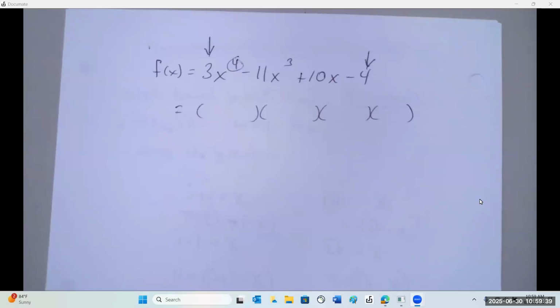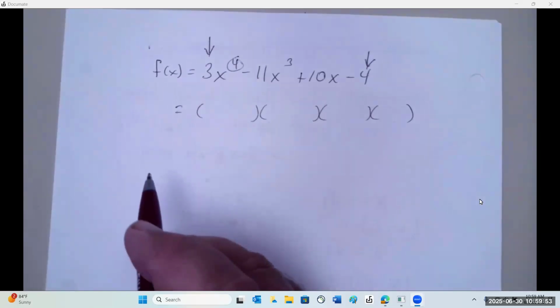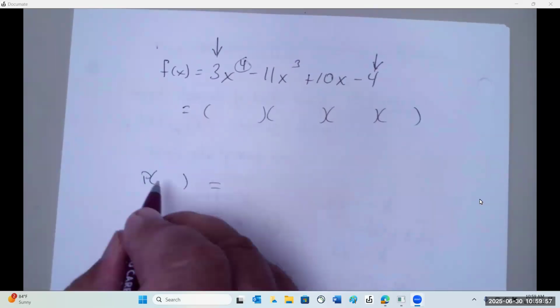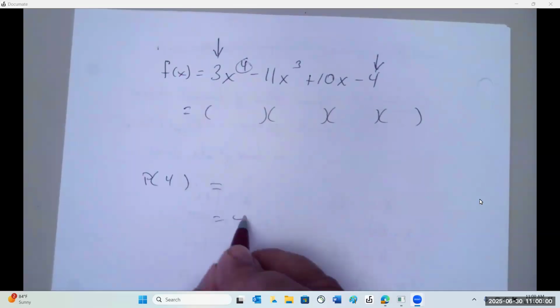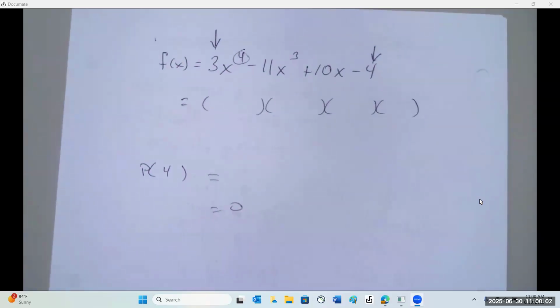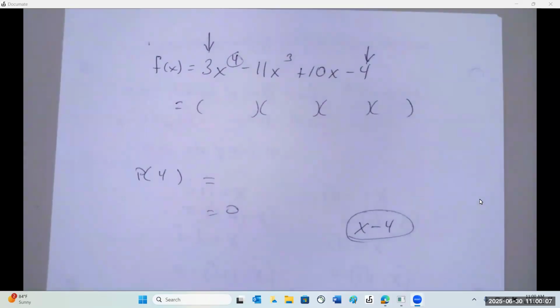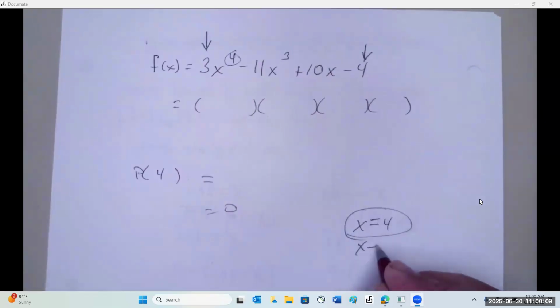That's what we're going to start off doing tomorrow: we're going to look at those factors, those parts there, find all the possible factors we can get. And then we'll go one step further. Because remember what we did earlier: if I give you a polynomial, and if you put a number in here and it equals 0, then that's a solution, right? Then you know that x minus 4 is a factor, or x equals 4 is a solution.